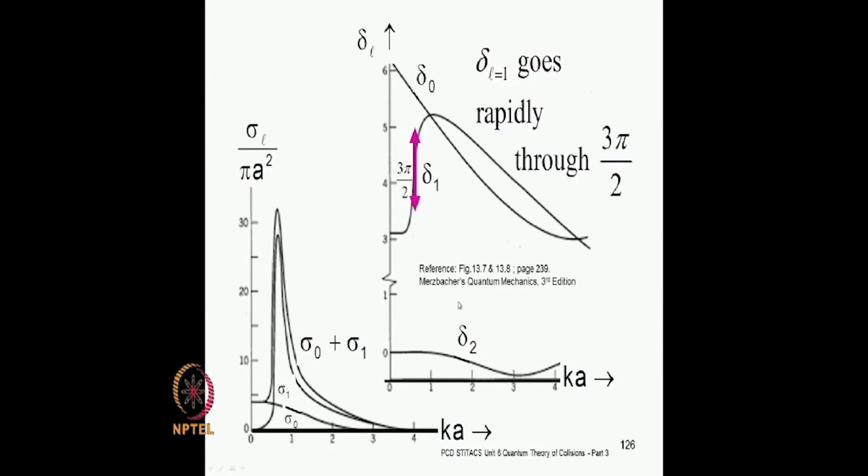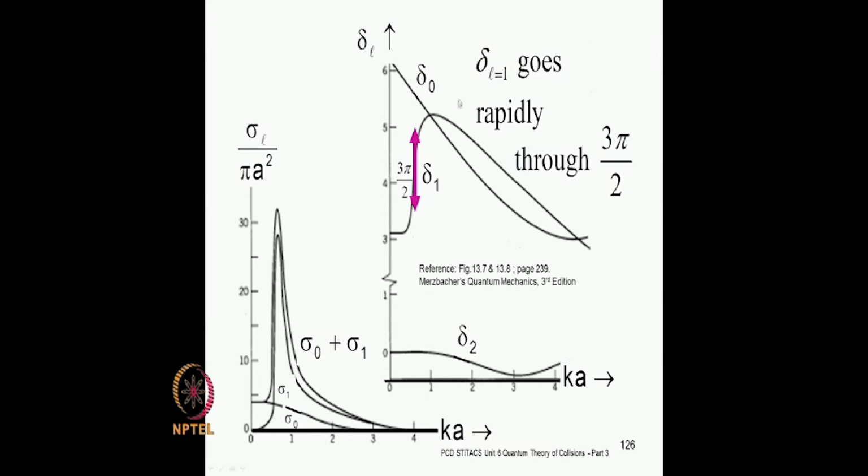Now, here is an example from Merzbacher's book of scattering phase shift. You will remember that the scattering phase shift can go rapidly through pi by 2 or 3 pi by 2 or 5 pi by 2 and so on. So here is an example which Merzbacher gives in which the scattering phase shift goes through 3 pi by 2 for the L equal to 1 partial wave. That is the P wave.